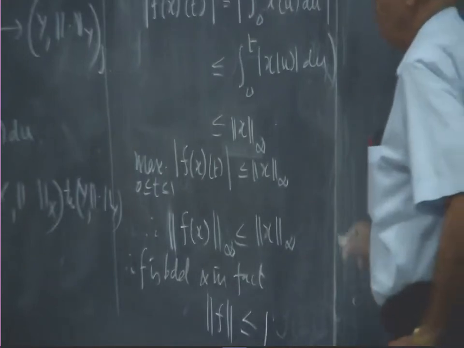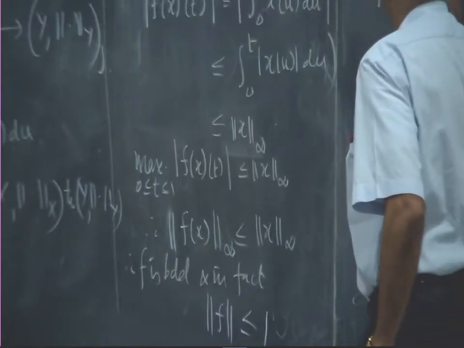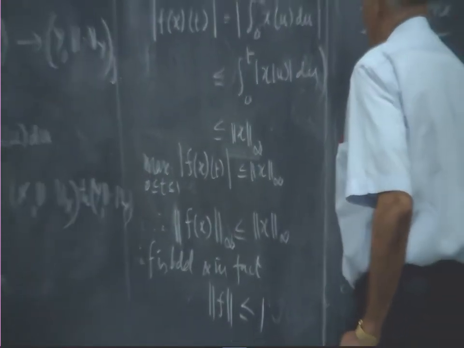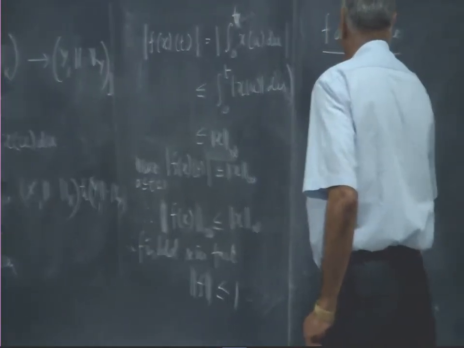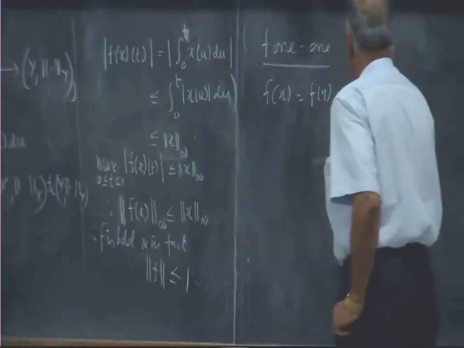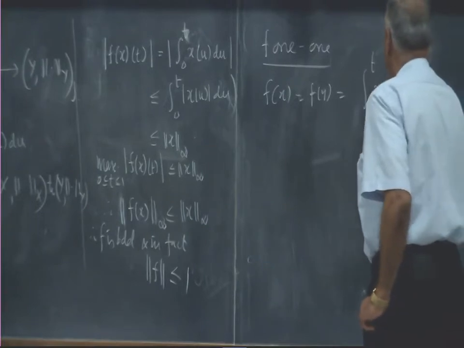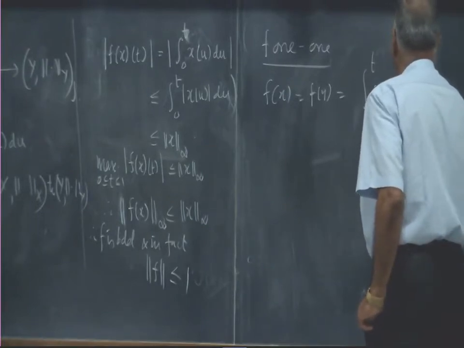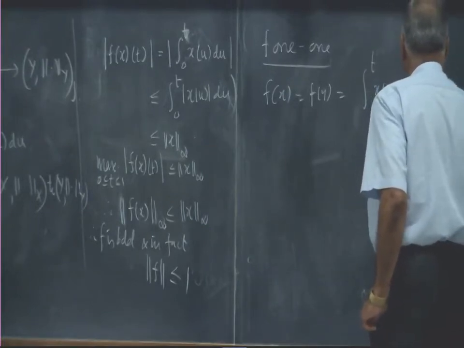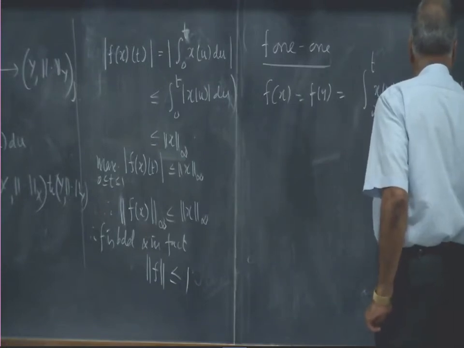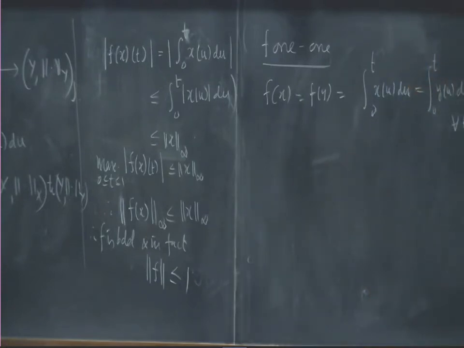Is it one-one? Well, f(x) equal to f(y) means the integral from 0 to t of x(u) du is equal to the integral from 0 to t of y(u) du for every t.